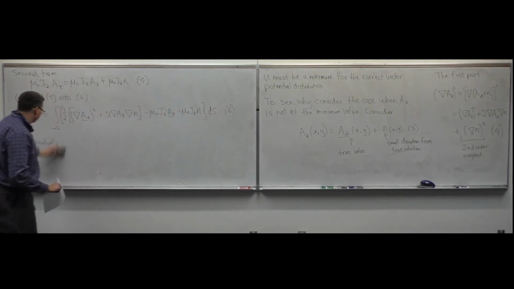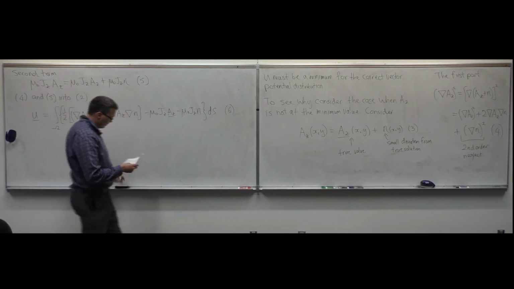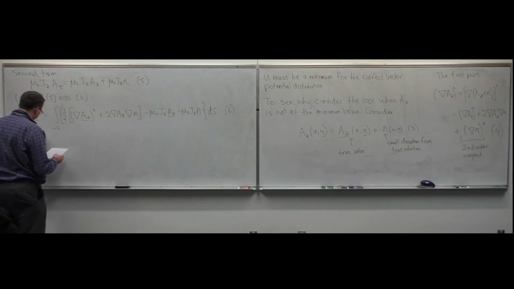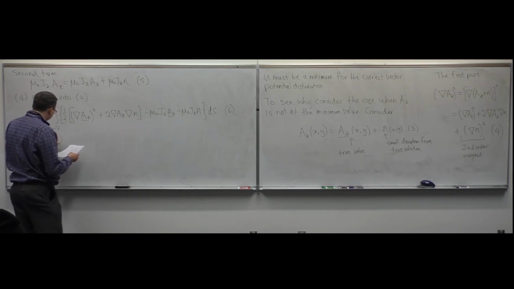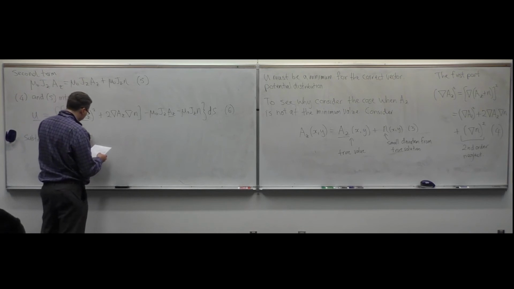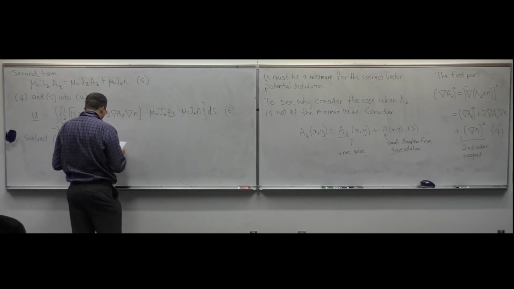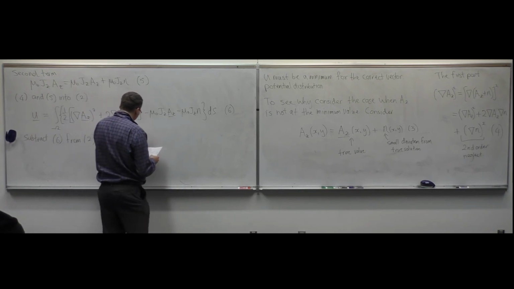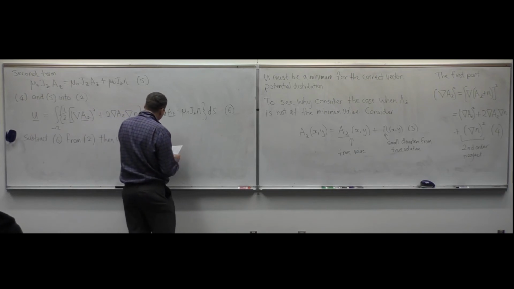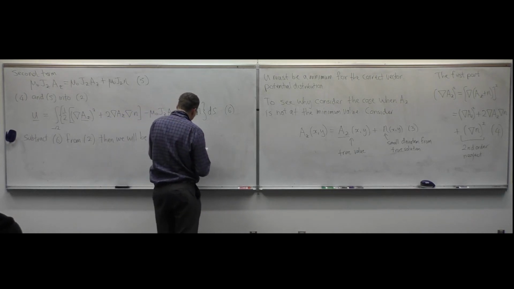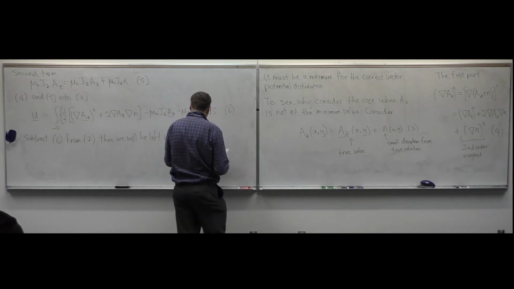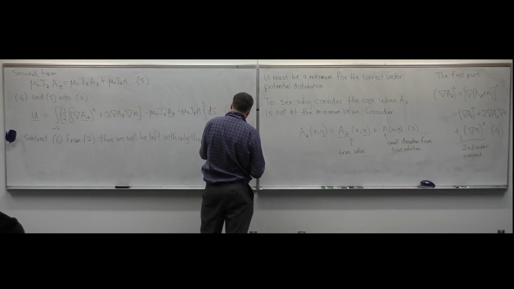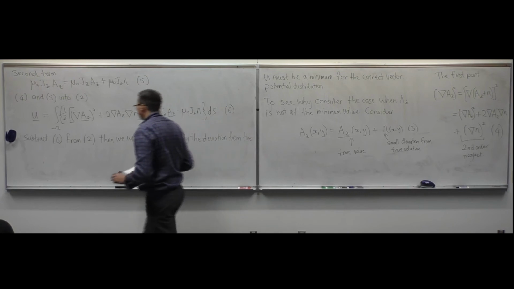If we now subtract 6 from 2, then we will be left with only the deviation from the true solution.